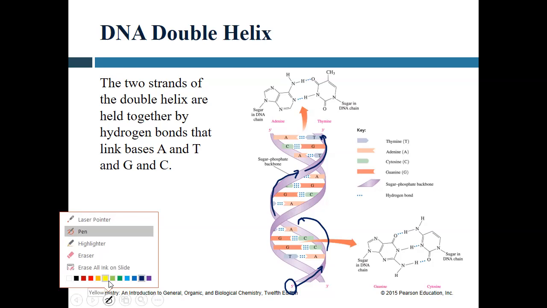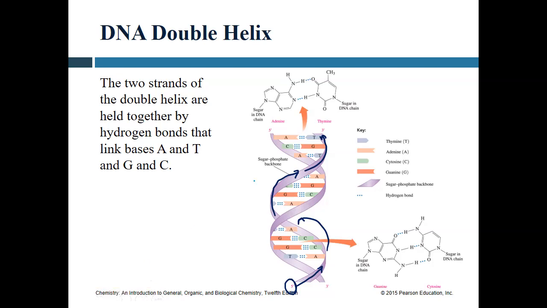Whereas the other strand, which again, starting from the 5' side and going down, is going the opposite direction. We have two strands of nucleic acids that are running in opposite directions.